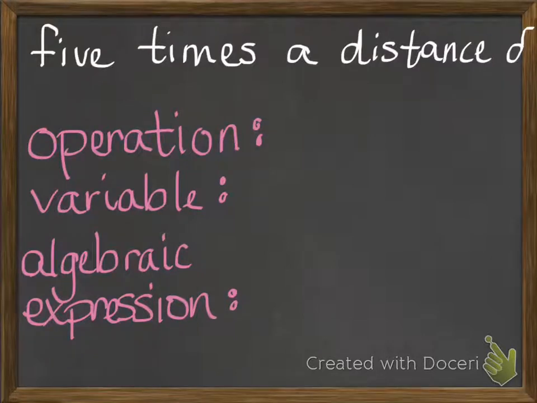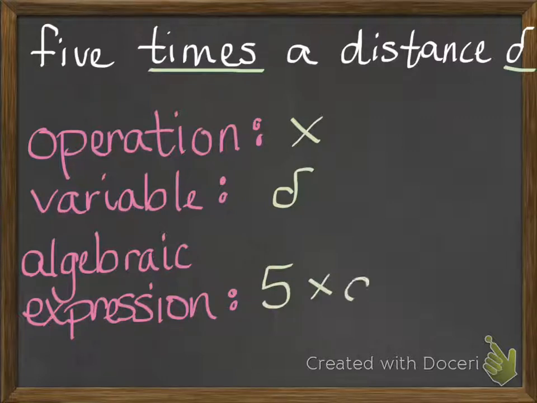Our next one says 5 times a distance d. Times lets me know that we are using the operation multiplication. The variable is the letter d. And the algebraic expression would be 5 times d. Another way I could write that is just 5d. And that only works with multiplication.